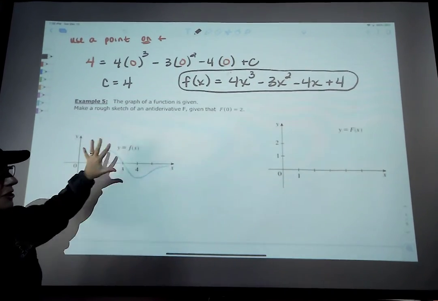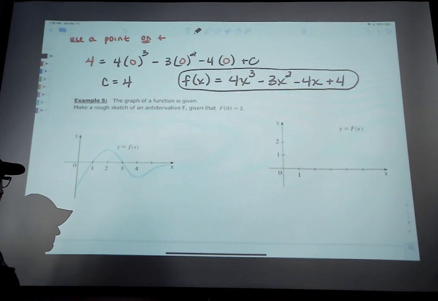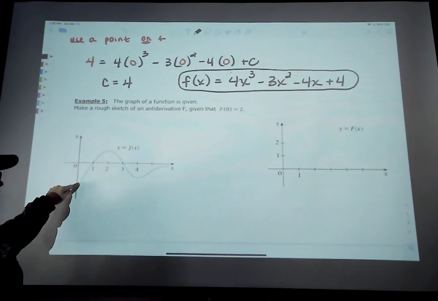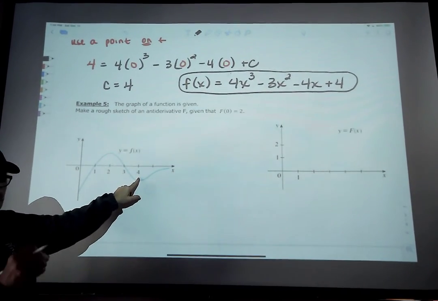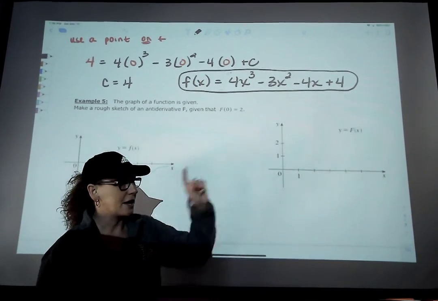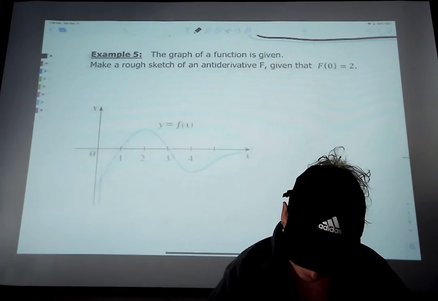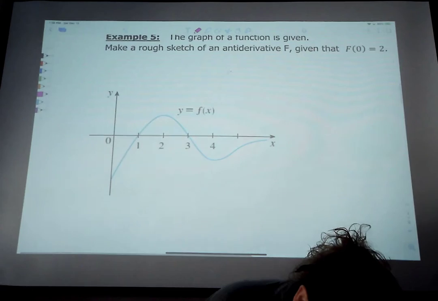This is the graph of the derivative of big F. These values, negative values, positive values, negative values, show the slope of big F. We're going to draw big F. All right, so we're going to look at slopes here.